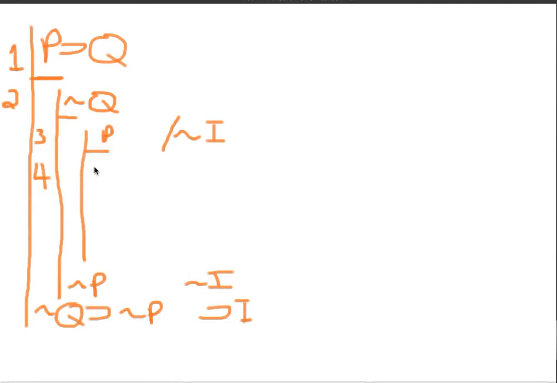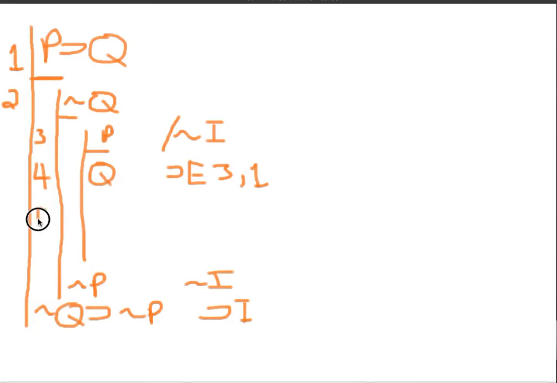So let's do that. We can get Q by using conditional elimination, citing line 3 and line 1. We have if P then Q, and we also have P, so now we can derive Q.